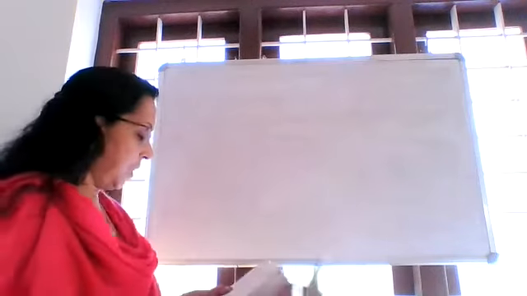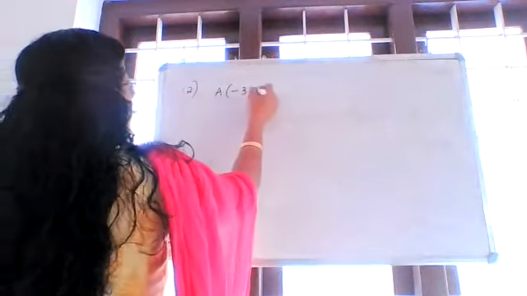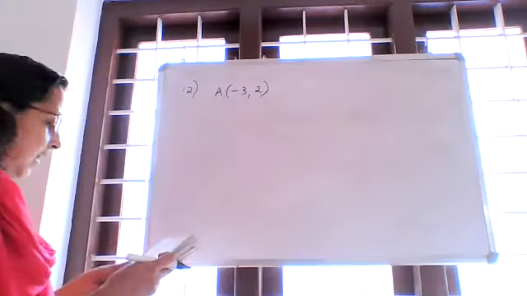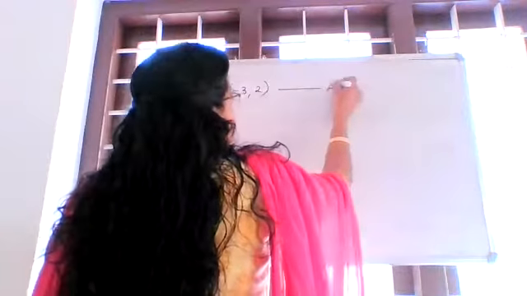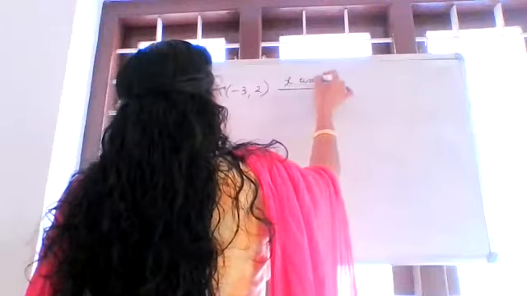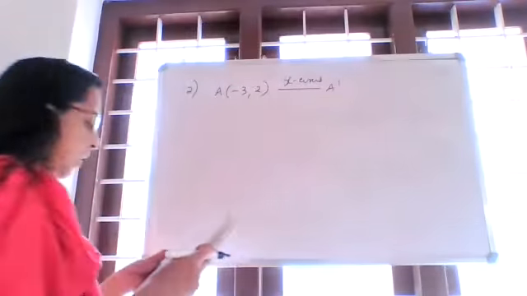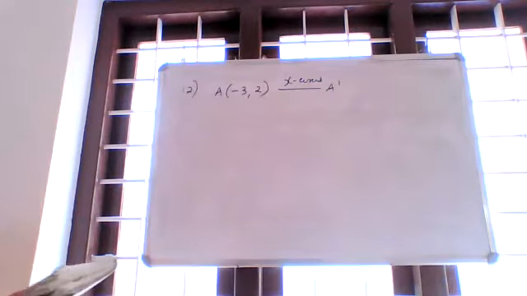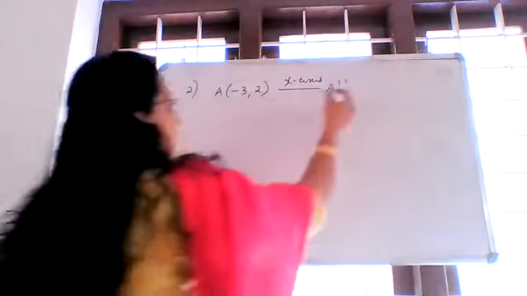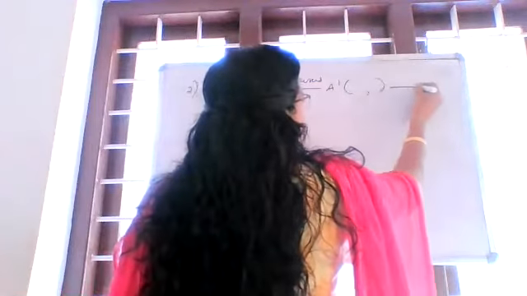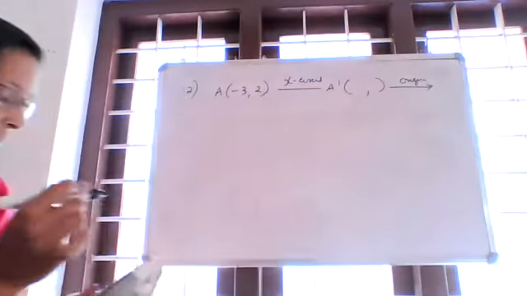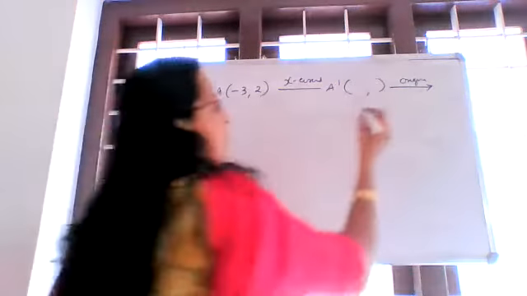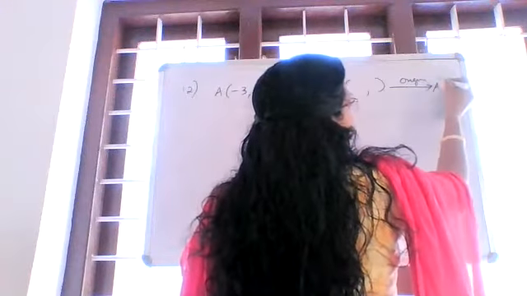Point A negative 3, 2 is reflected in the x-axis to point A dash. Then point A dash is reflected in the origin to point A double dash.